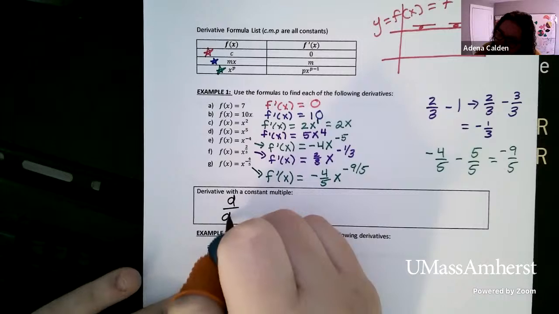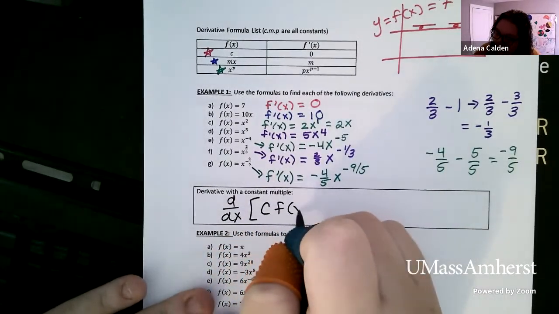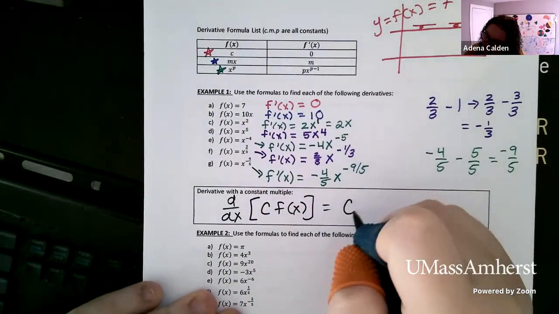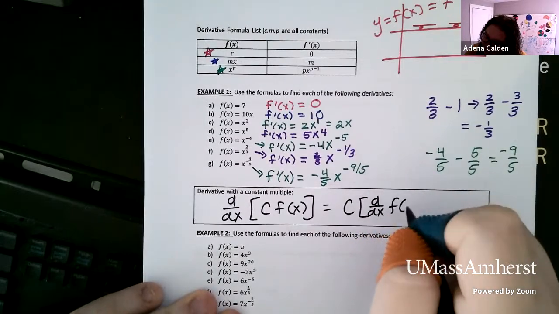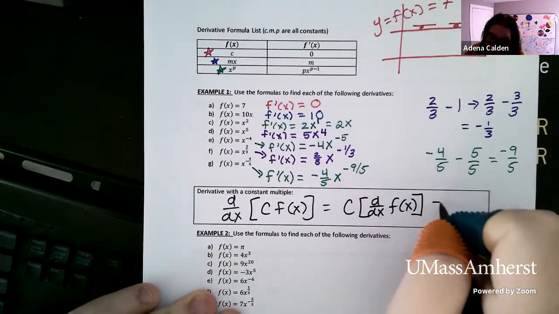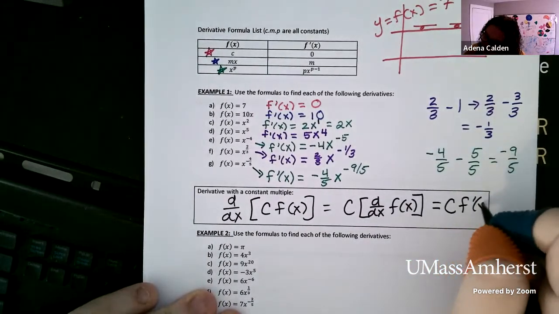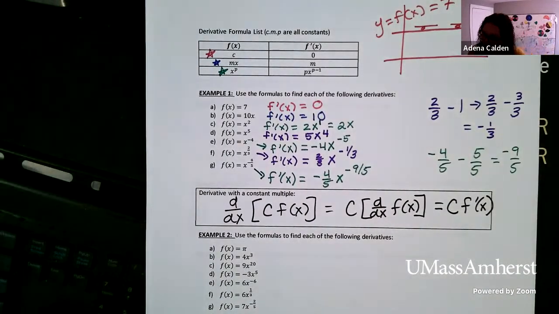If you take the derivative of a constant times a function, you can actually pull the constant out front and multiply it by the derivative of the function, which means you have the constant times the derivative of the function. So what does that mean?